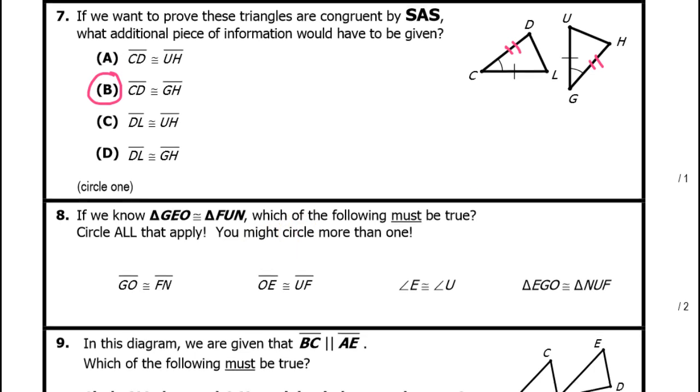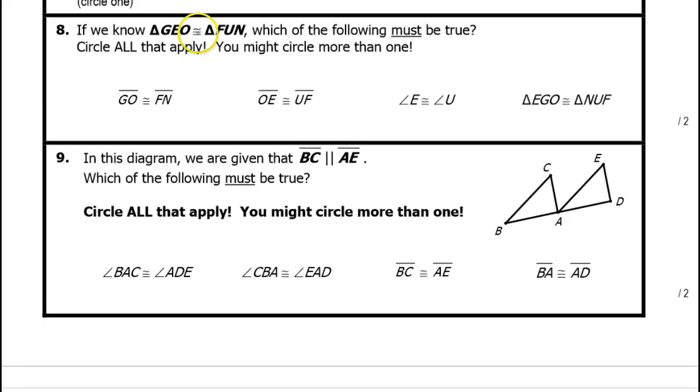All right, looking at number 8. If we know that triangle GEO is congruent to triangle FUN, which of the following must be true? Circle all that apply. Okay, let's see what we have. Is GO congruent to FN?